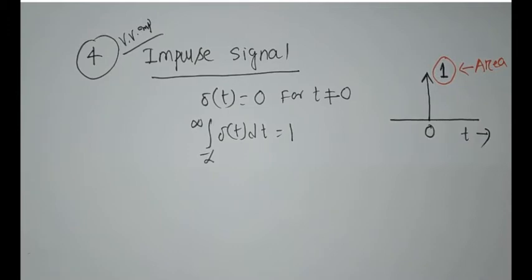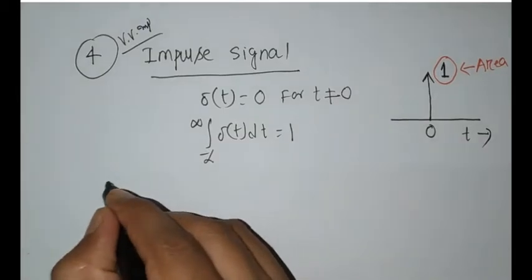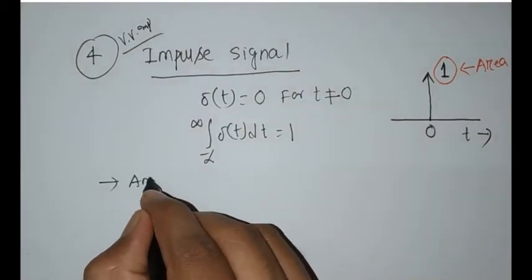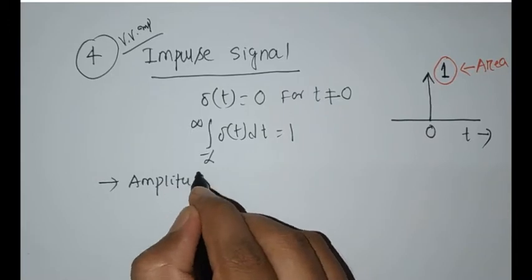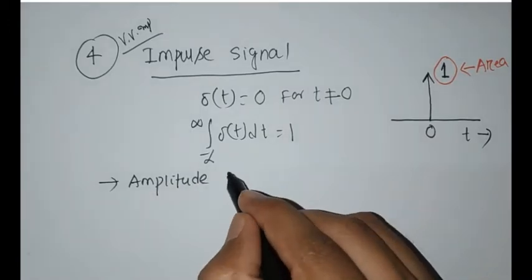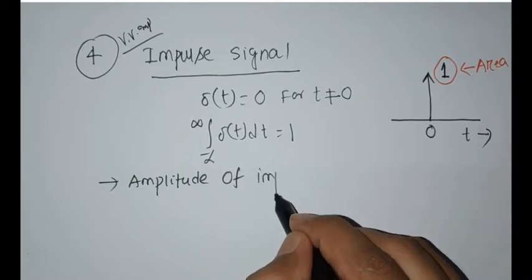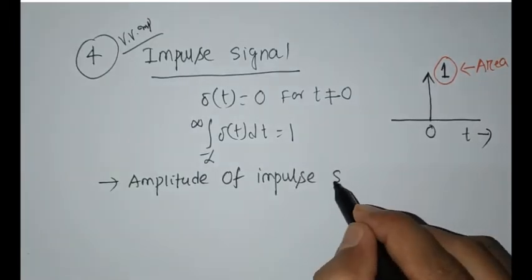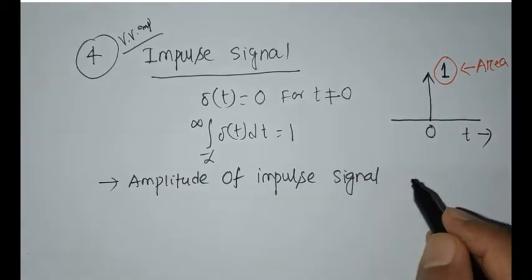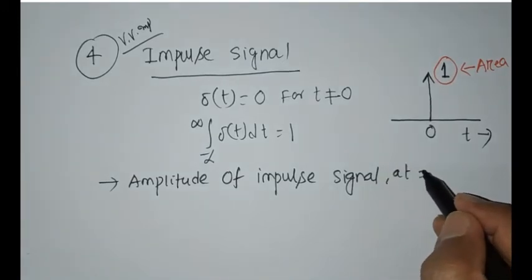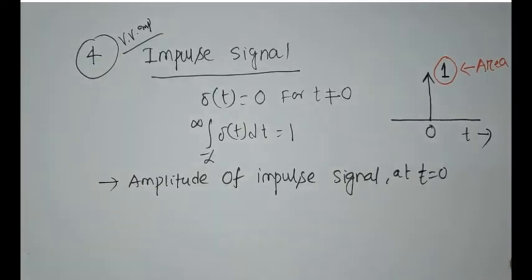Then what is the amplitude of the impulse signal at t equals 0? The amplitude of the impulse signal at t equals 0 is infinity.